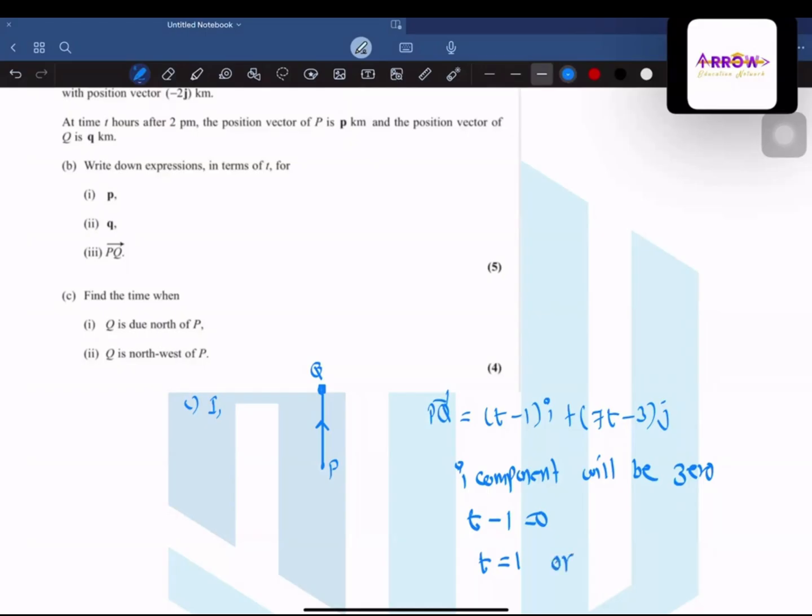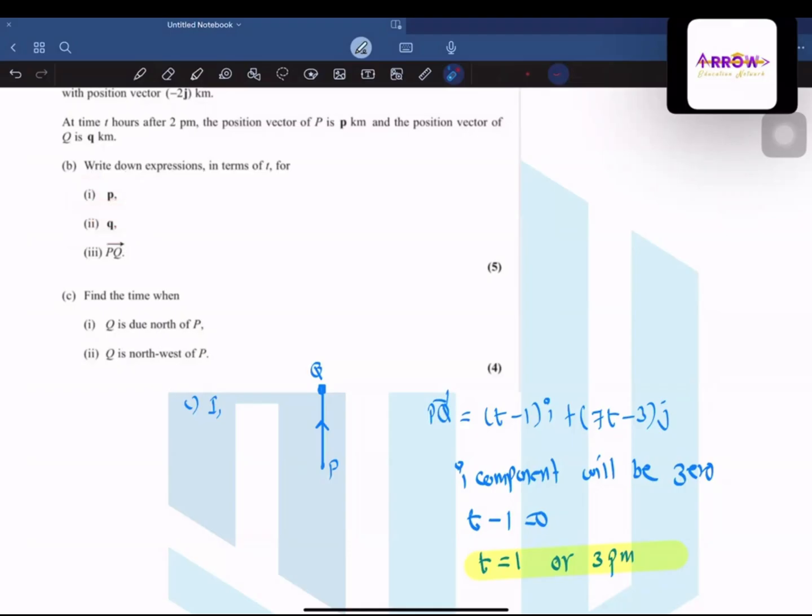So after 1 hour, the time would be 3 p.m. You can write your answer as t equals 1, or simply say 3 p.m. Since in the previous part we found the vector PQ, I've simply used this vector PQ. Alternatively, I can consider the position vector of Q and the position vector of P individually, which I found in part B, part 1 and part 2.